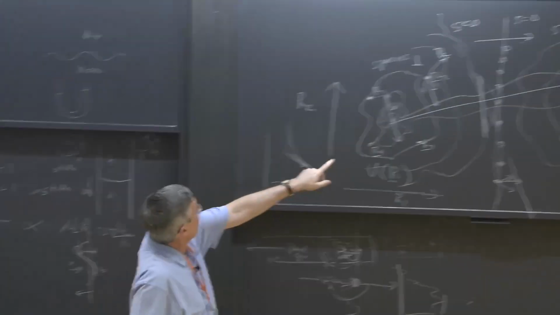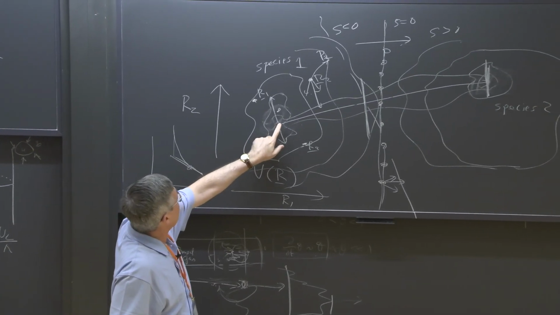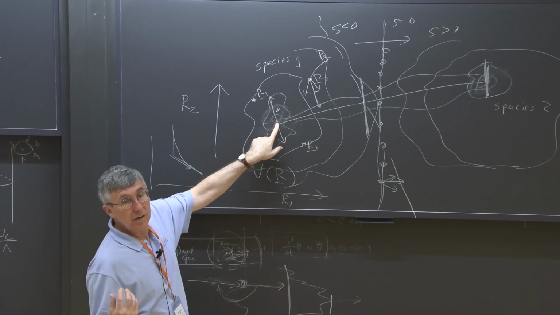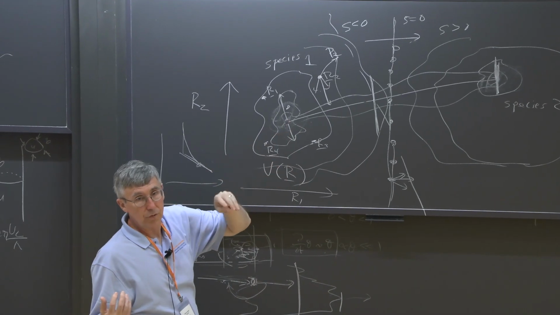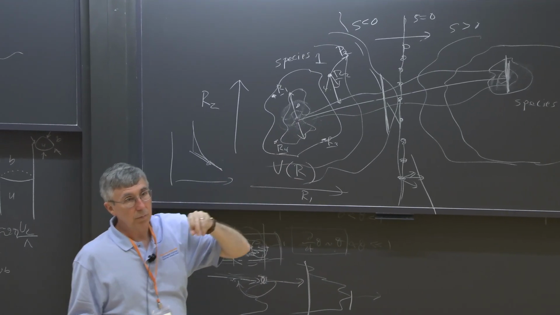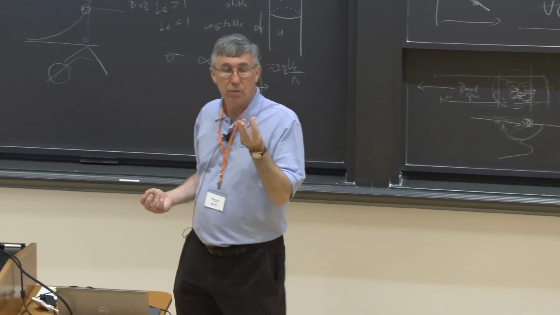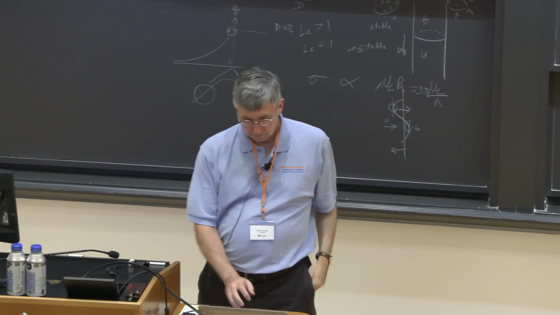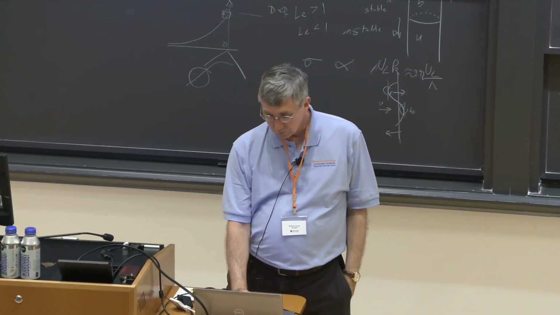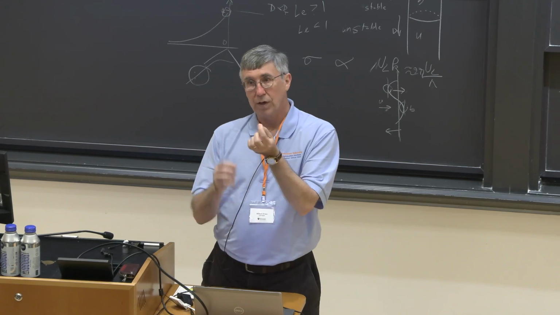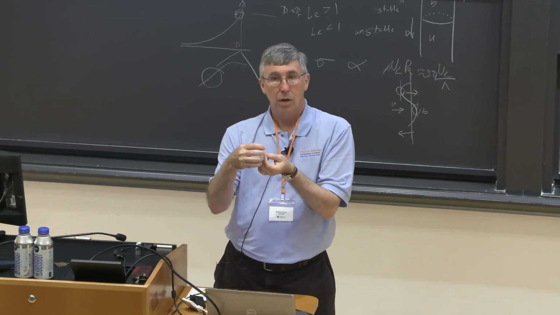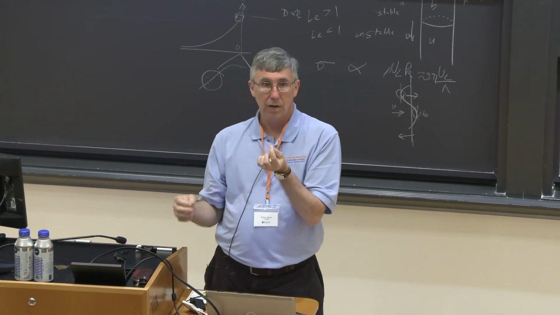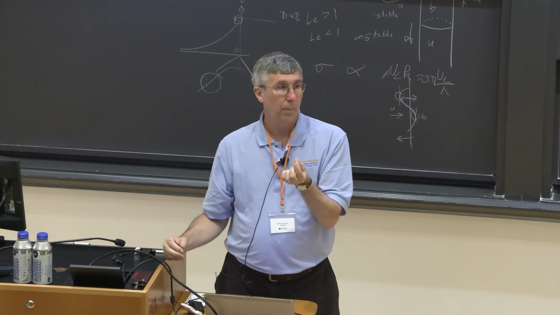Remember I talked about the other day, there's one particular R that gives the bottom of the valley. That's the most stable geometry. So that's called the equilibrium geometry. So it's the lowest possible V you could ever get. So let's use the equilibrium geometry as our expansion point, and we'll expand a multidimensional Taylor series around that point.